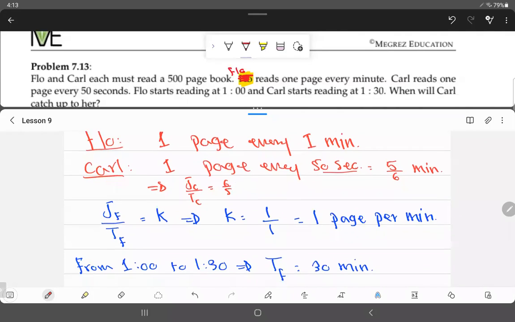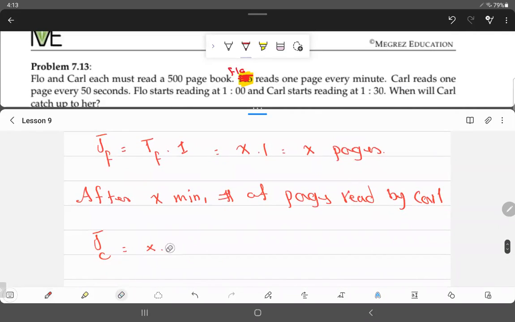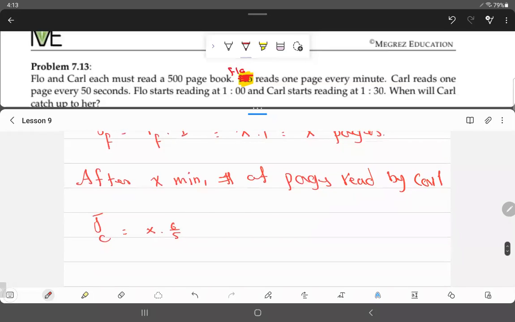So this is 6 over 5 here. Do you agree or no? Yeah. Okay. Because the rate is 6 over 5 times X. So we have number of pages after this time, number of pages after this time, okay?